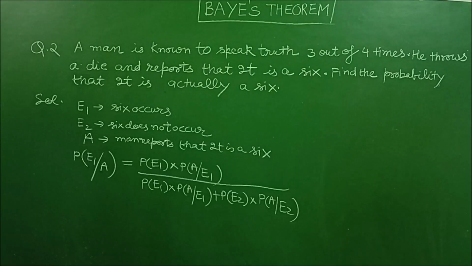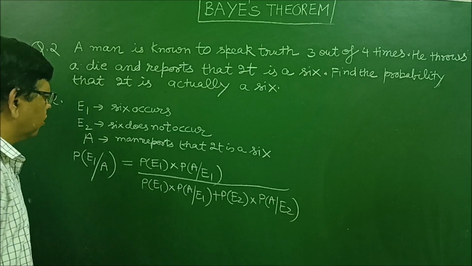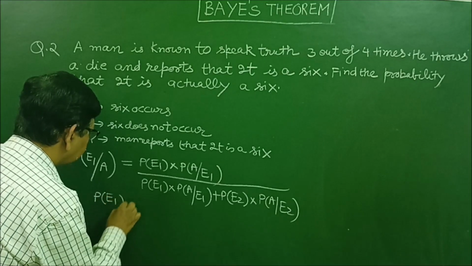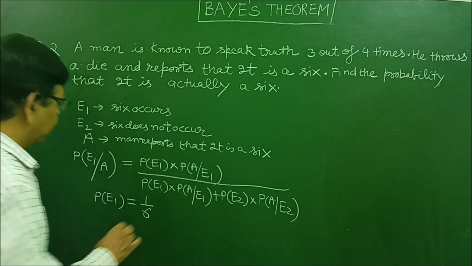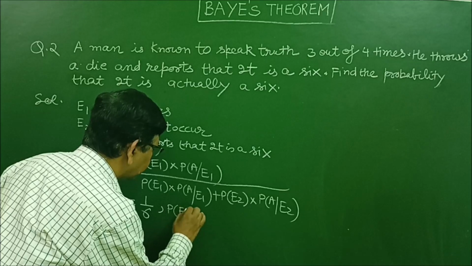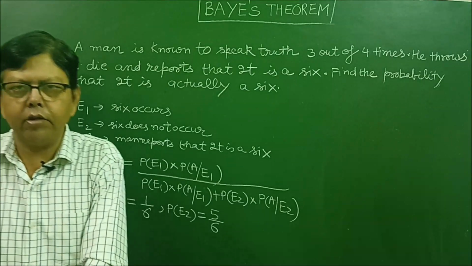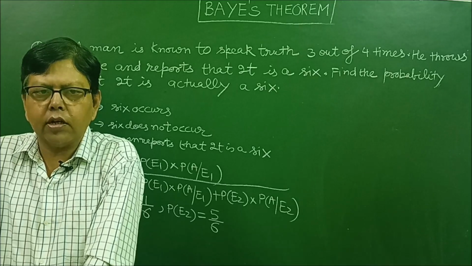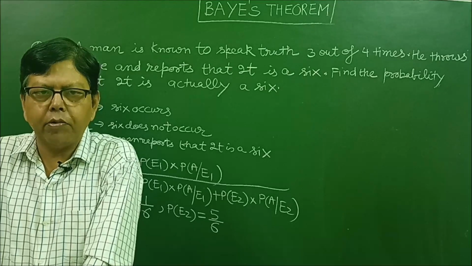Probability of E1, 6 occurs, is equal to 1 upon 6, and 6 does not occur, probability of E2 is equal to 5 upon 6, because on a die you know that there are 6 numbers 1, 2, 3, 4, 5 and 6.